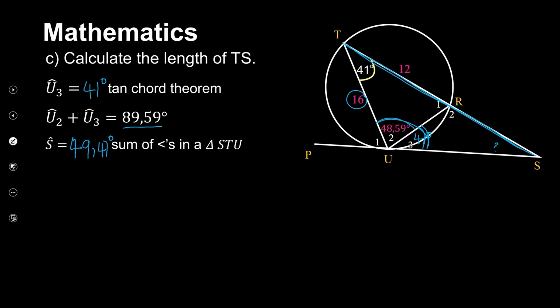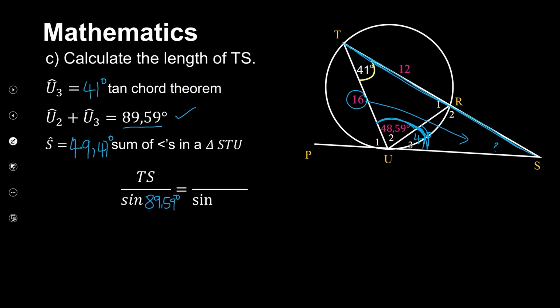Now we're going to apply the sine rule to this big triangle STU. So let's begin. Remember, we are looking for the length of TS. So because we're looking for the length of TS, we're going to start with TS, and then we're going to use the sine of the angle across it. And the angle across from TS is that angle there. So we're going to say TS over sine of 89,59 degrees. So the other full pair we have in the big triangle, remember it's 16, and the angle across it.